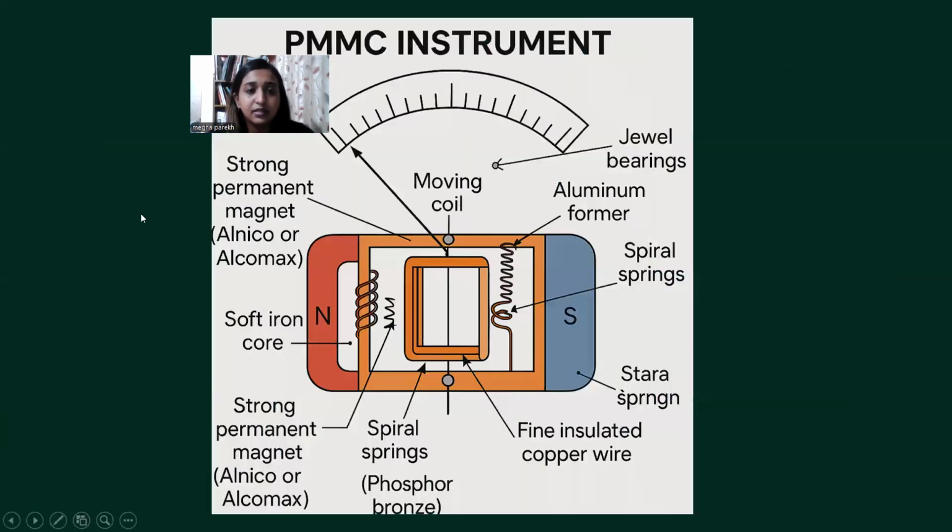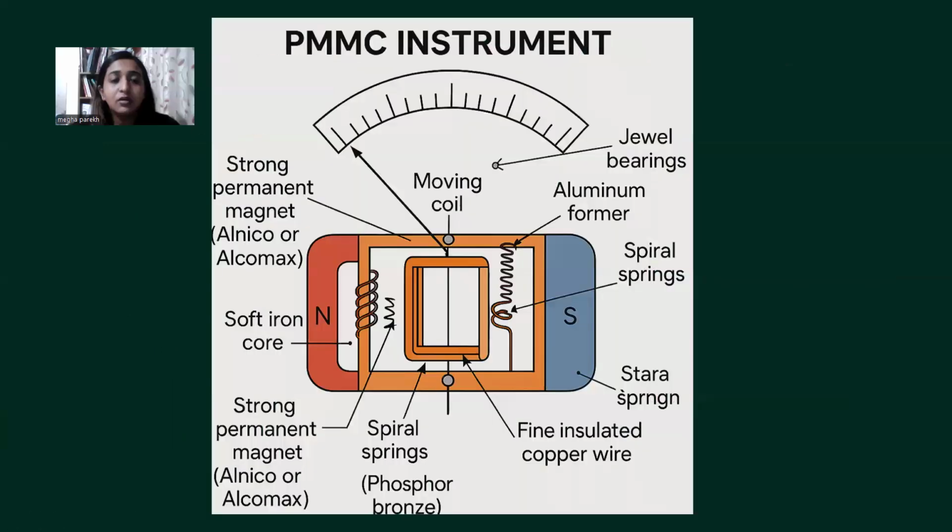We have discussed this. Now, see, this is the permanent magnet. This is the moving coil in between the magnet. When we apply current through the coil, a deflection torque is induced which moves this pointer. And when we stop applying the current, a controlling torque in the opposite direction is induced.